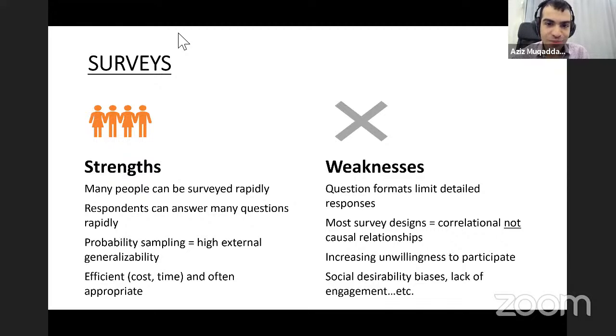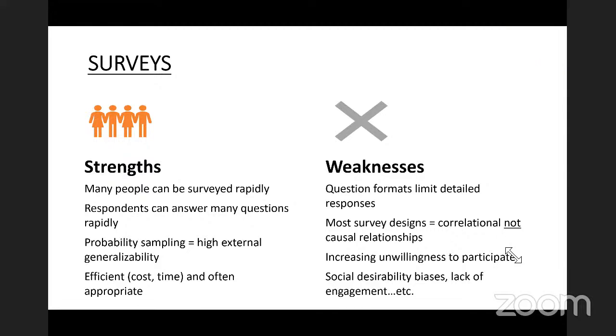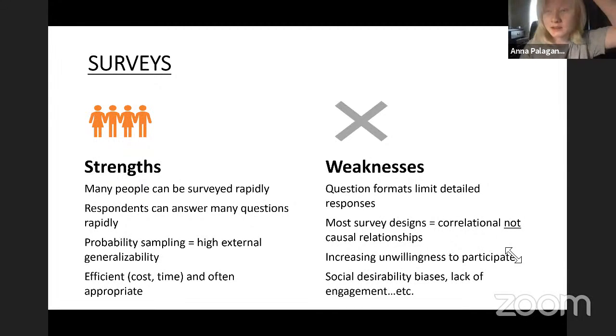Can anyone remind us what's the difference between correlation and causation? Anyone? Correlation does not equal causation, is the idea that like this doesn't cause that.